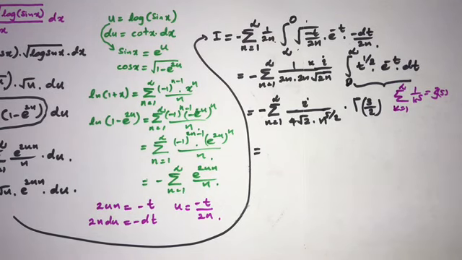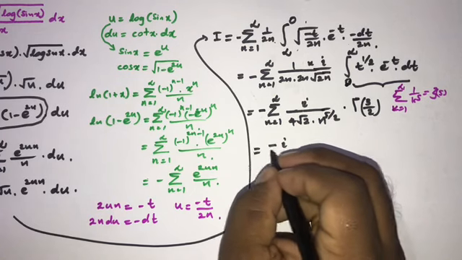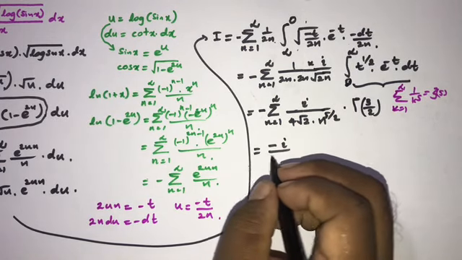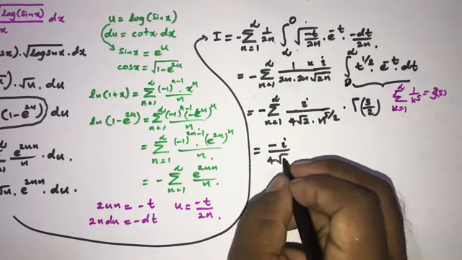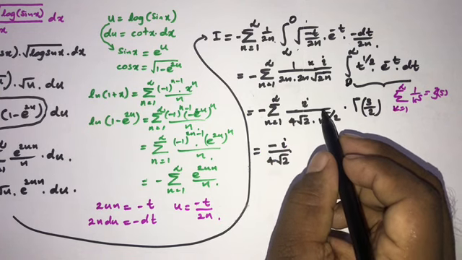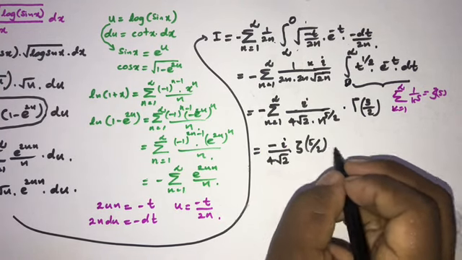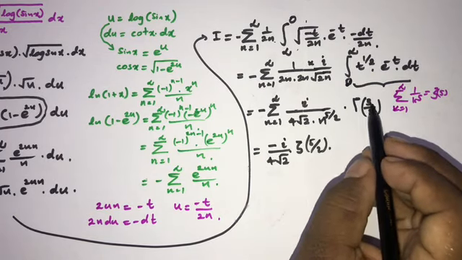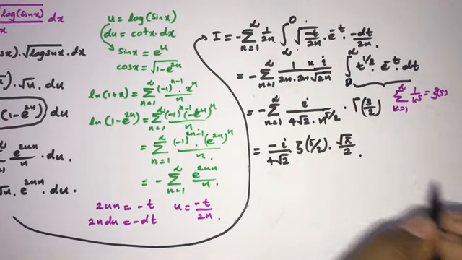So this is equal to minus i over 4 times square root of 2, times the infinite sum of 1 over n to the 5 over 2, which is zeta of 5 over 2. Also gamma of 3 over 2 we know is square root of pi over 2.